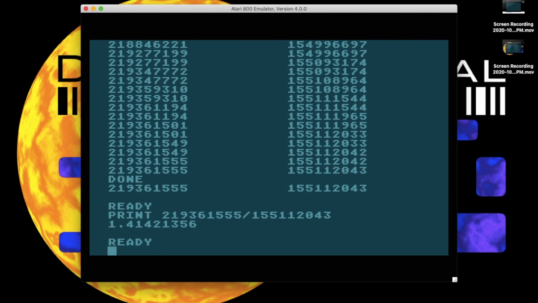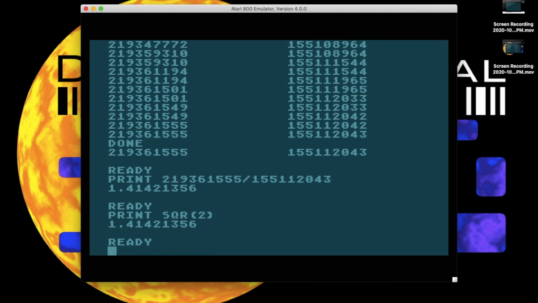That looks better. That looks much better. So, PRINT SQR2. Right on the money. So I got my integer results finally. Congratulations, pat myself on the back.